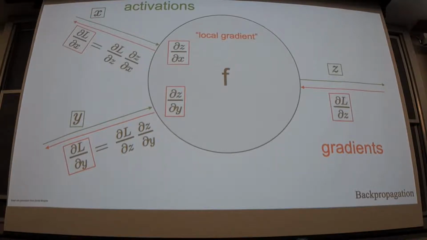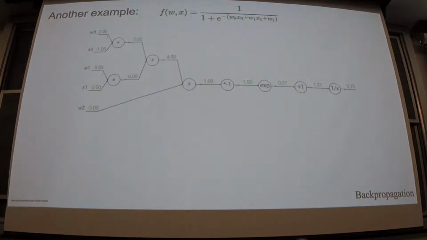Okay, so this keeps being passed back. So let's go through an example. I think you did a simple one of these at the end of last time, but if not, doesn't matter. We're going to do another example here. So here is a computation graph for that function f up there.